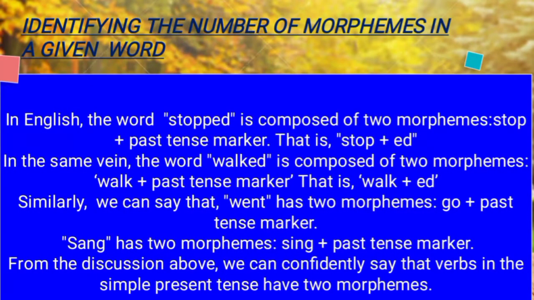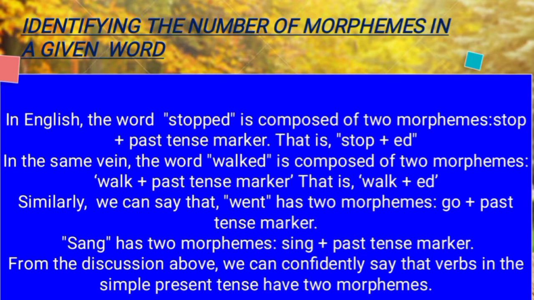We can go on and identify the number of morphemes in a given word. In English language, the word stopped is composed of 2 morphemes. Stop plus past tense marker, that is, stop plus ed.